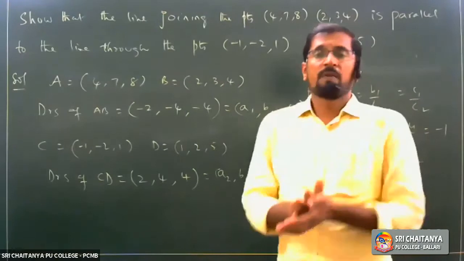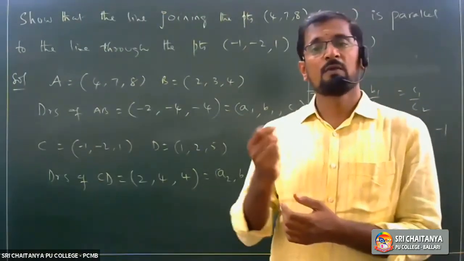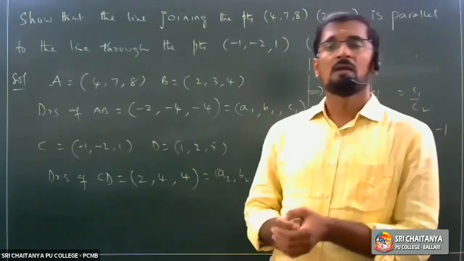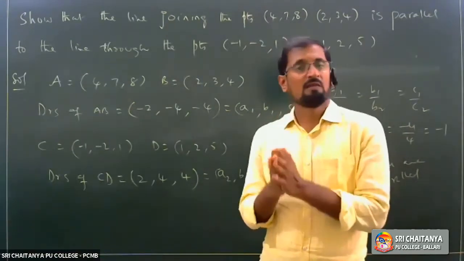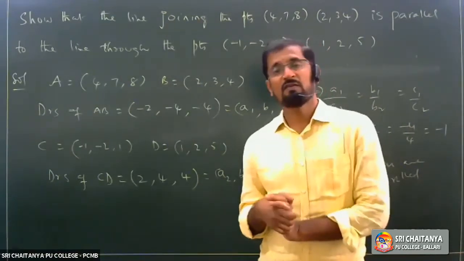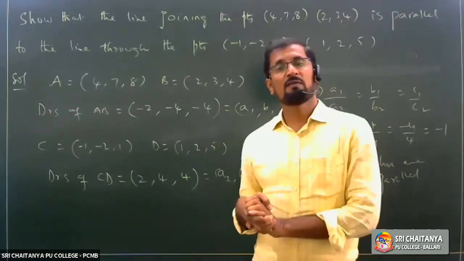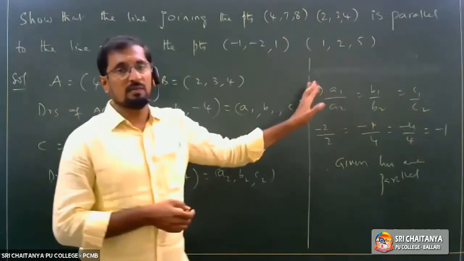If the perpendicular condition is given, a1a2 plus b1b2 plus c1c2 should be equal to 0. Here, the problem is to show that the lines are parallel, that means the first line is parallel to the second, so a1 by a2 should be equal to b1 by b2 is equal to c1 by c2.